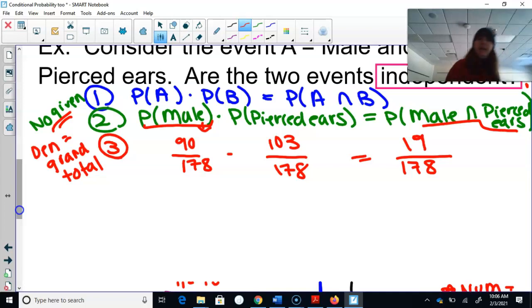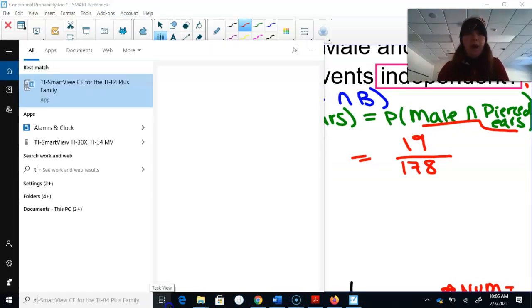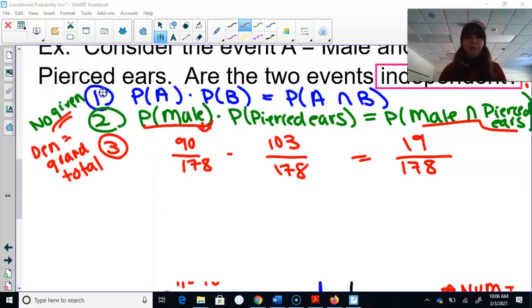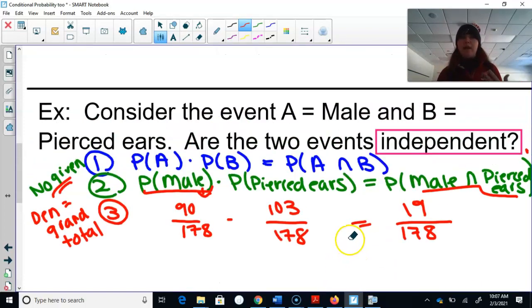We're going to go ahead and use our calculator. When I use my calculator, ladies and gentlemen, let me pull it up here so you can see. Be really careful how you plug it in. As we're waiting for it to pull up, just a friendly reminder, when you're figuring out if two things are independent, write out the formula first, step 1.